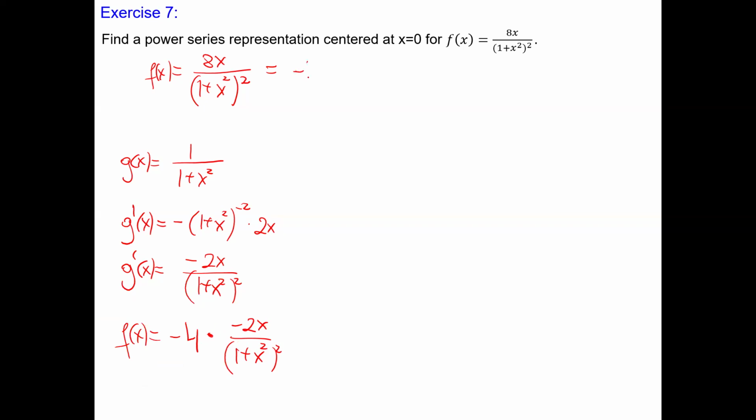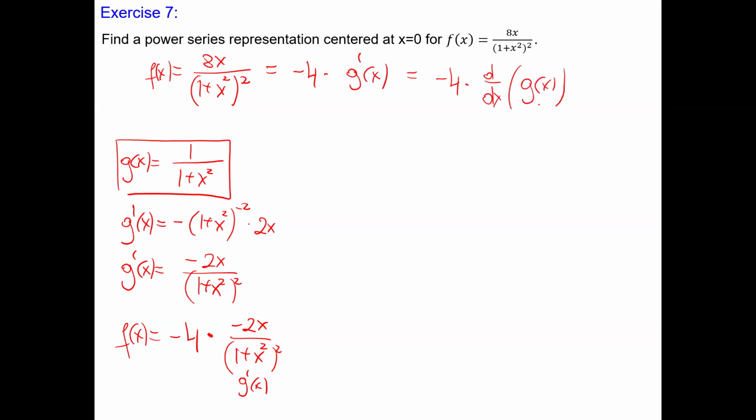That means I can say this is negative 4 times g prime of x, because that's g prime of x. And so we like this function. Now I can say it's negative 4 times the derivative of the function g.